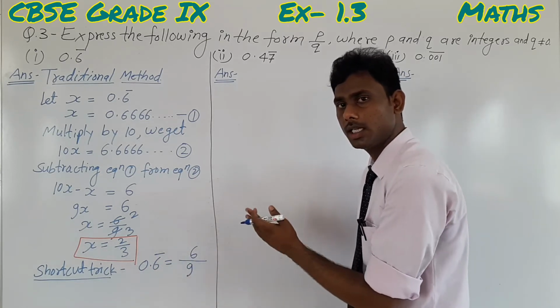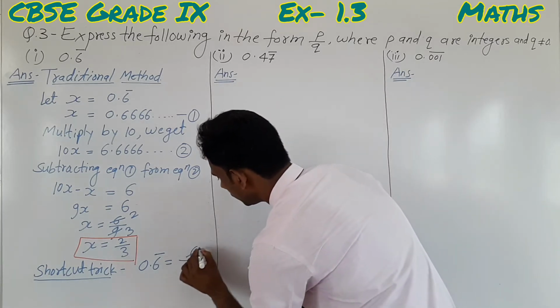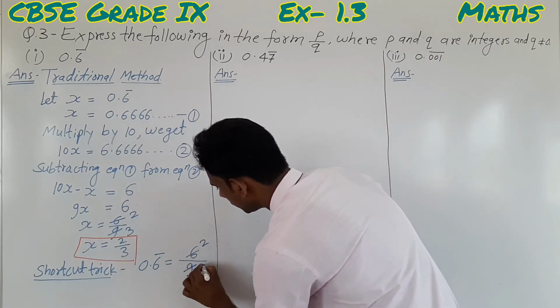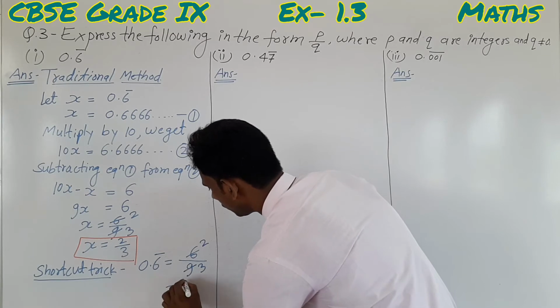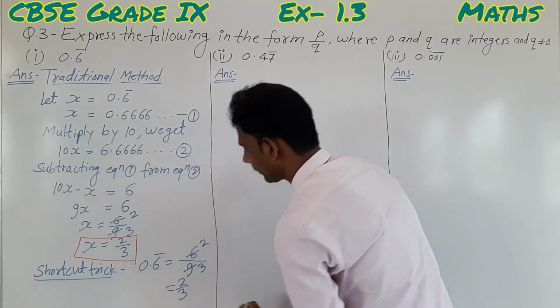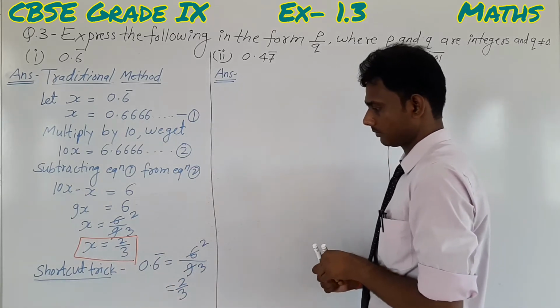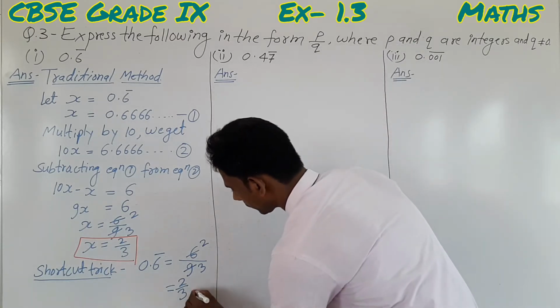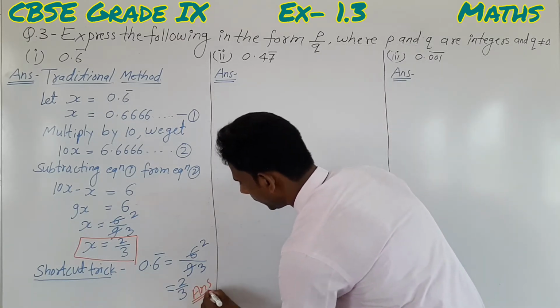If it is reducible, then reduce it: 3 twos are 6, 3 threes are 9. This will be equal to 2 upon 3. This is the answer.